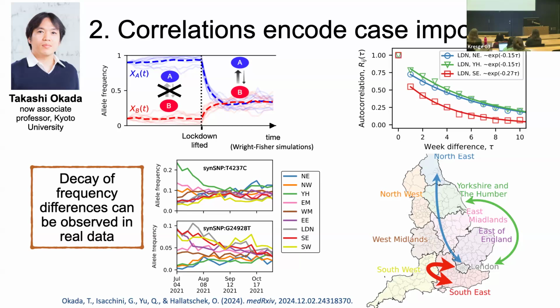And when you say variant, you mean SNPs. In this case, exactly, yes, SNPs, and neutral SNPs.